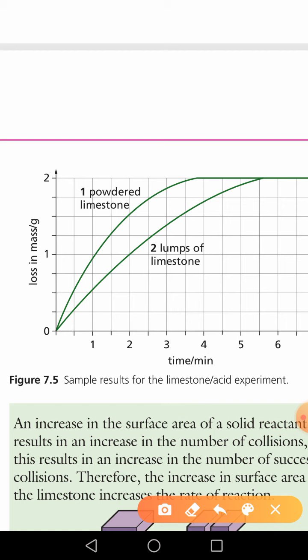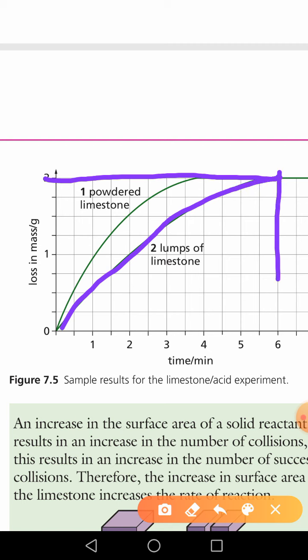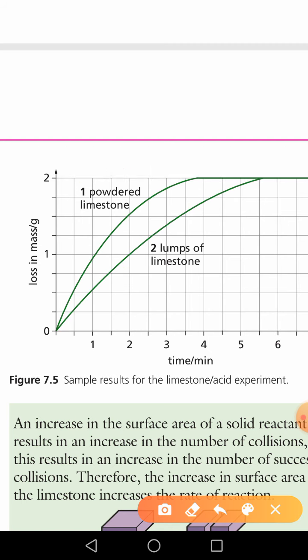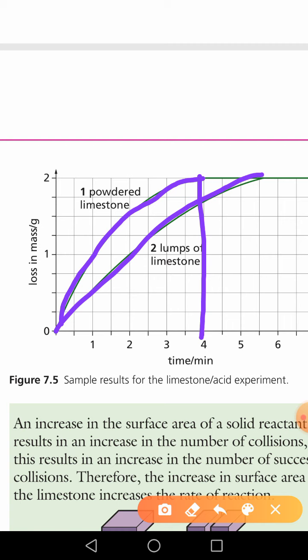Here in both cases, the amount of carbon dioxide produced is 2 gram, but in the first case the time required to produce the 2.2 gram of carbon dioxide is about 6 minutes. Now what about the second case? In the second case, the time required was about 5.5 minutes.